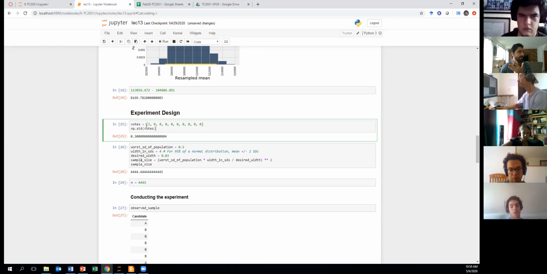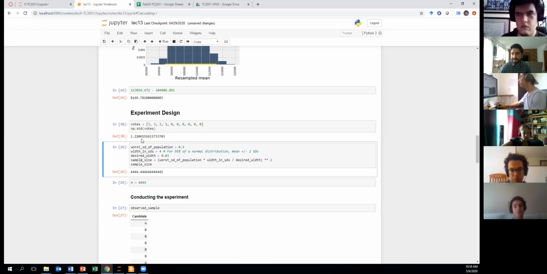If you put 3 here, and then 2, 1, 0, 0, 0, just random, and calculate this, your standard deviation in this example is never going to go beyond 1.5.